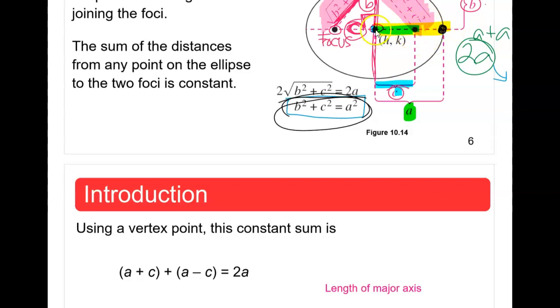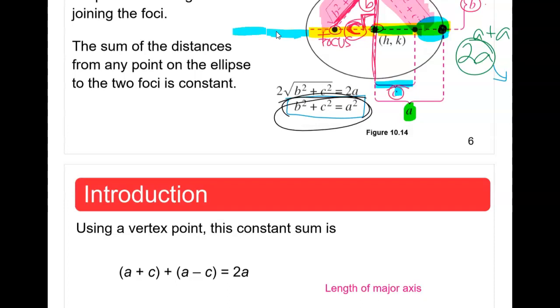And then if we say A plus C, like we have here, it will be this length, A, plus another piece, which will be C. And the other one, A minus C, will be just this little part right here that I'm highlighting.